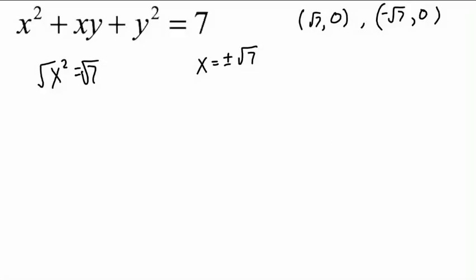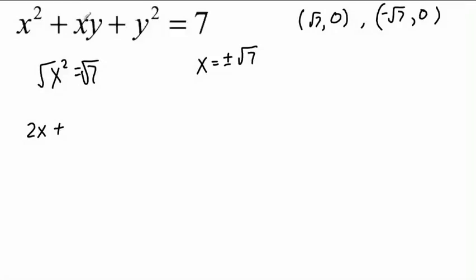All right, so in order to find the slope at those 2 points, we're going to have to take the derivative of both sides. We're going to have to do implicit differentiation. So the derivative of x squared is 2x. Plus, now, these two things are getting multiplied. X is a function of x, and y is also a function of x, and they're both different functions of x, so I need to use the product rule.